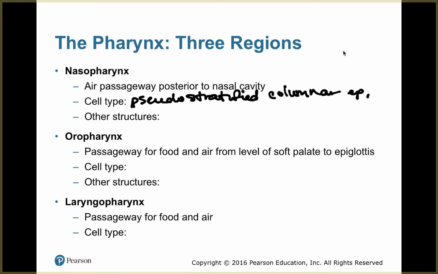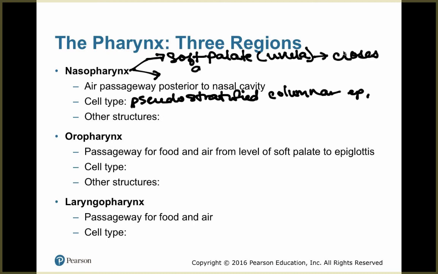In this area, you also get the soft palate and the uvula, and this area closes during swallowing to help with pressure and get things down. Within this area, you also have the pharyngeal tonsils or adenoids.